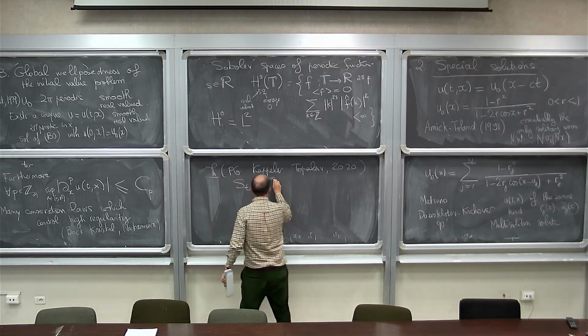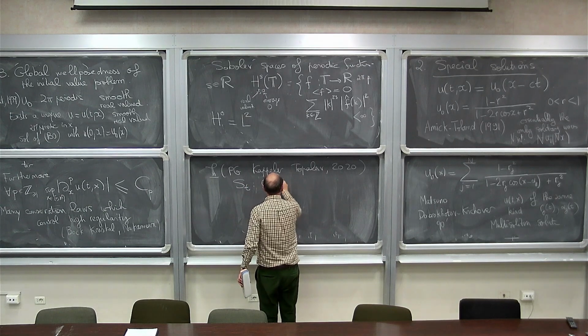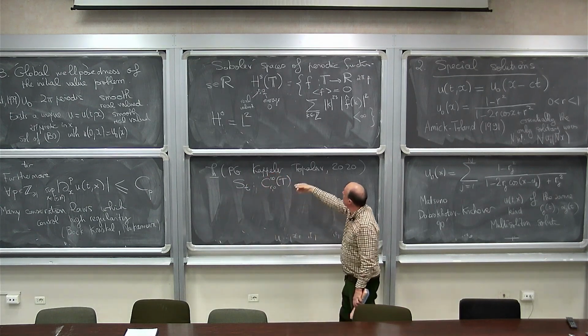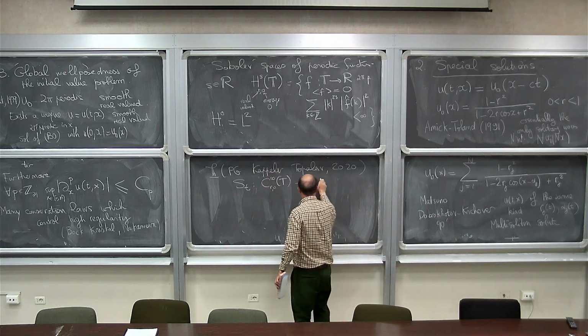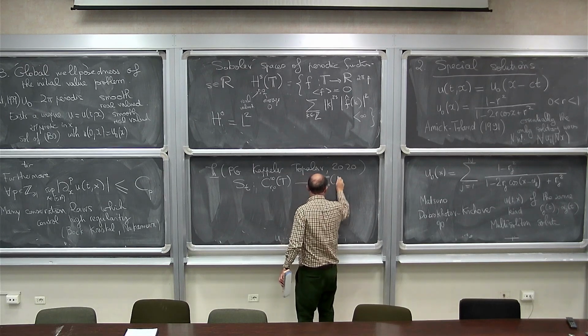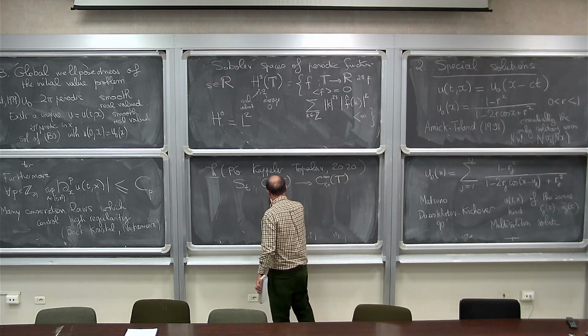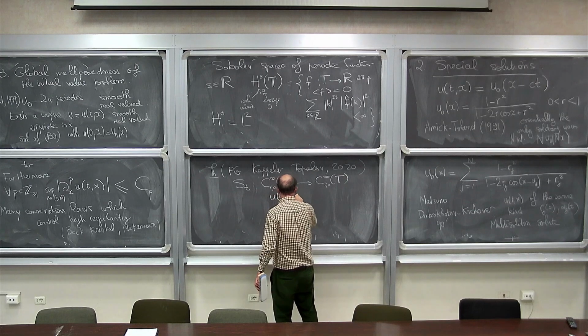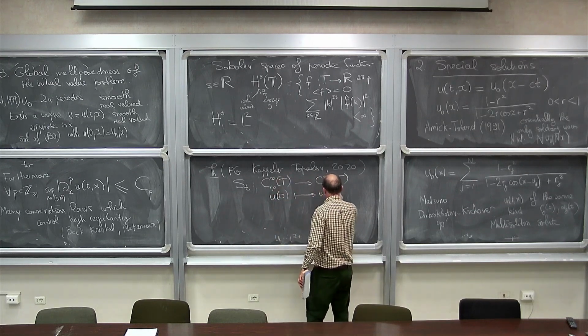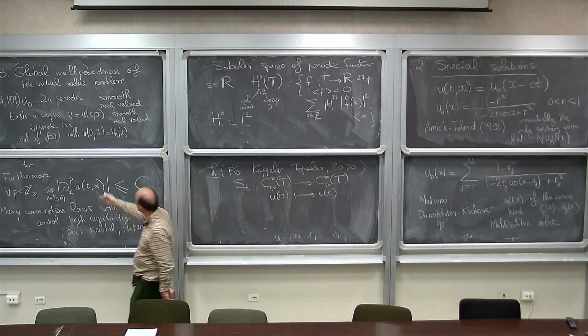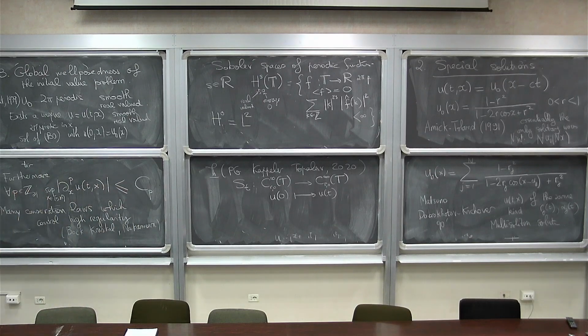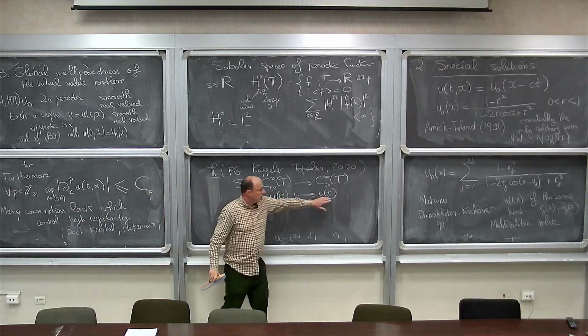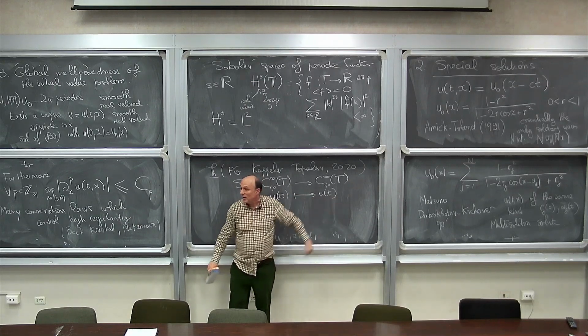which sends smooth functions, 2 pi periodic, real valued, and average 0 to the same, and which sends the value at t equals 0 to the value at t of your solution. You give me an initial datum, and I give you the value at time t.